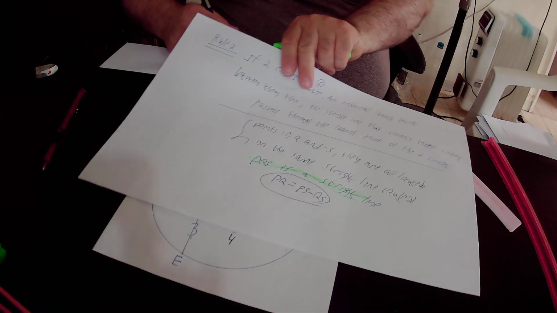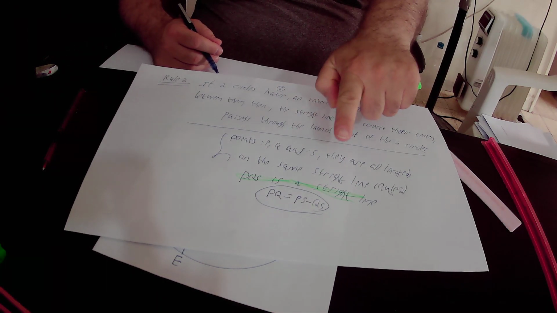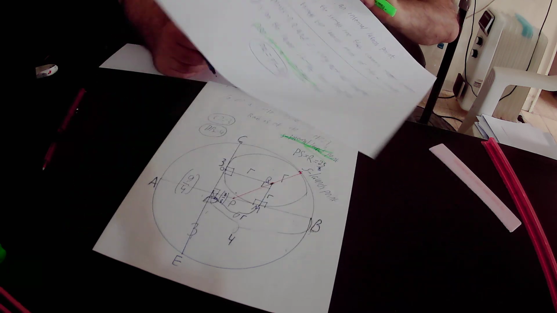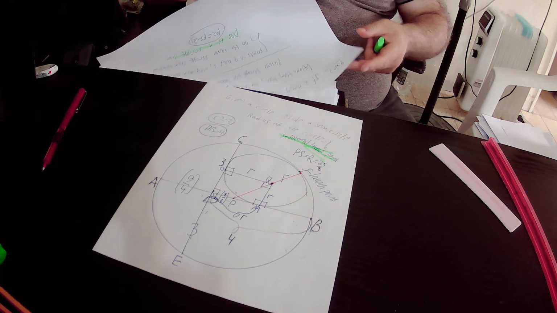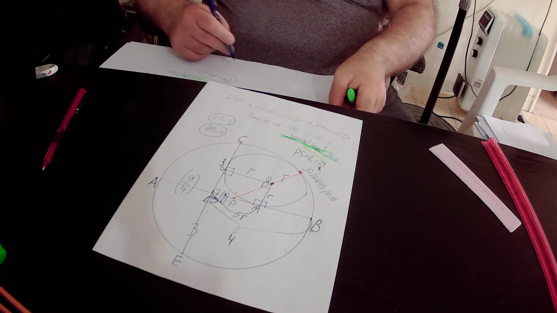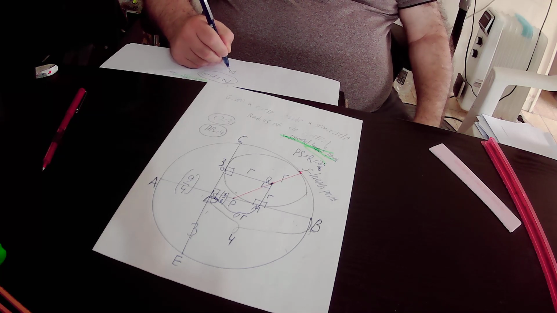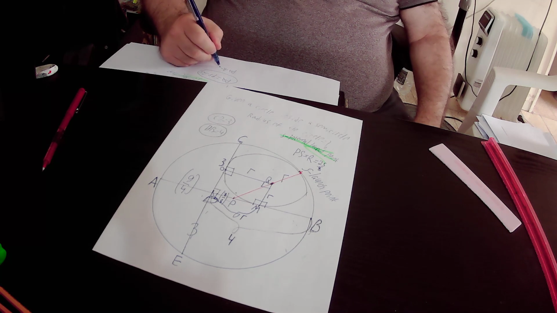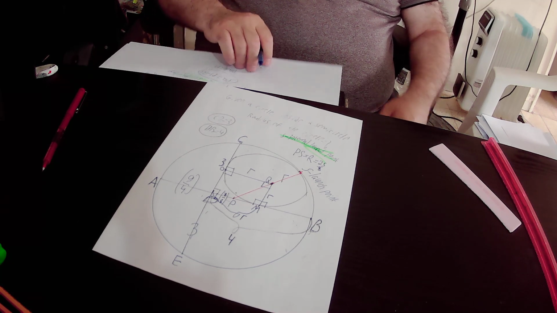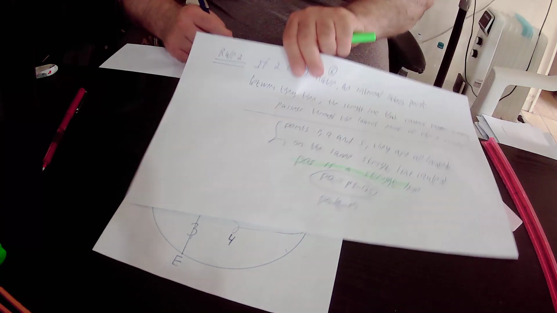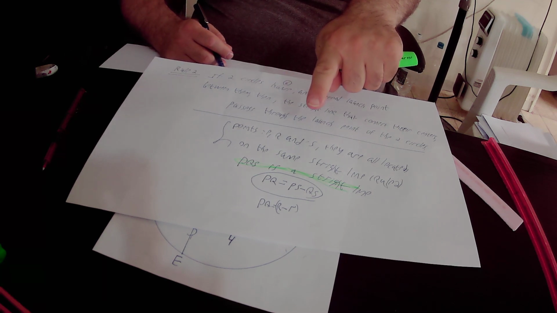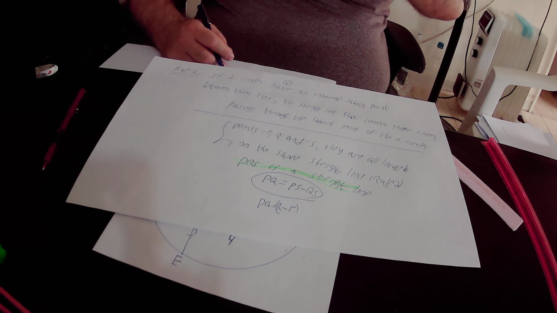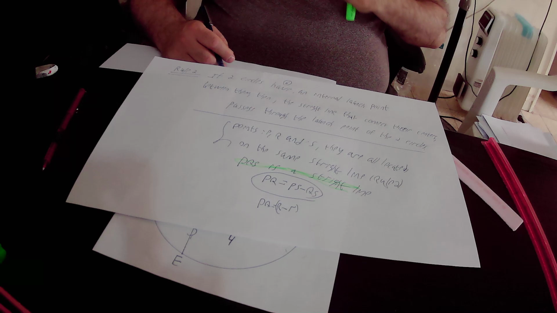I'll repeat again: PQ equals PS minus QS. But we have already found out that PS equals capital R and QS equals small r. So in conclusion, the length of line segment PQ equals capital R minus small r.